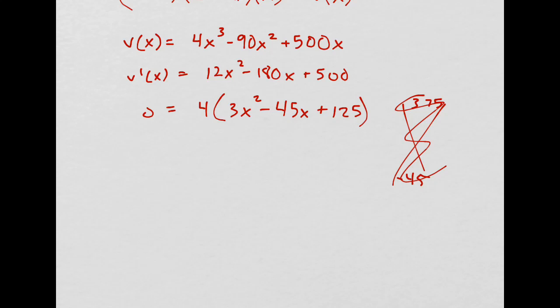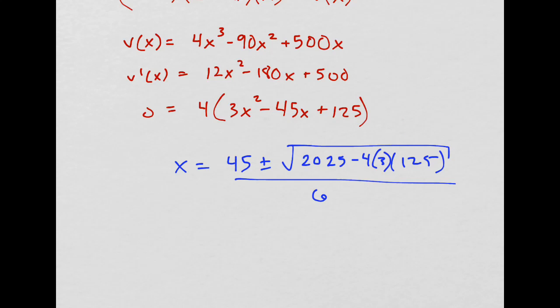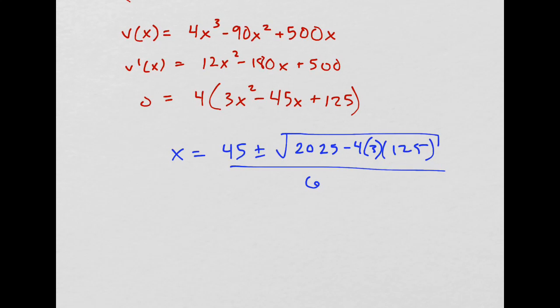So I get x equals the opposite, that's 45, plus or minus the square root of 45 squared, all of that divided by 6. Technically that's simplified, but I'm going to simplify it a little bit more. So that would be 15 over 2. I'm going to split it up.